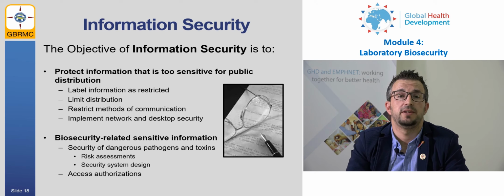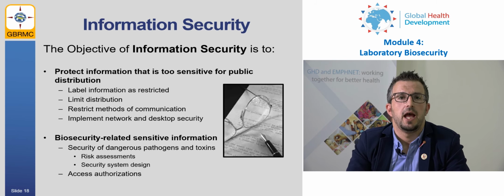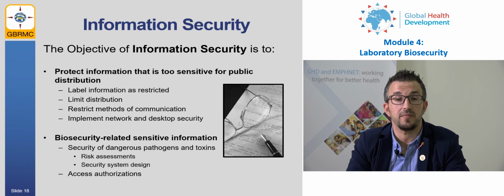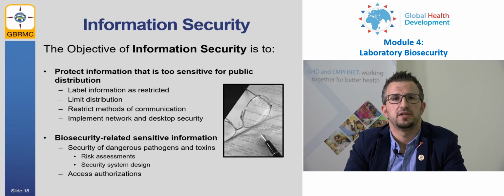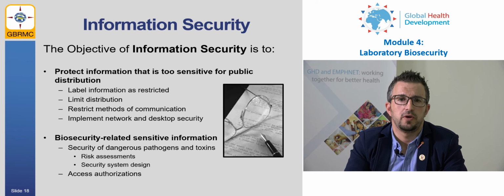We will talk about material control and accountability, and what type of information we have in our institution and how we can secure this information. And this is very important. We will talk about risk assessment and determine what type of data we should secure and what other data doesn't matter or doesn't need to be secured. It is very important to have a security system design, and also access authorization to this data.